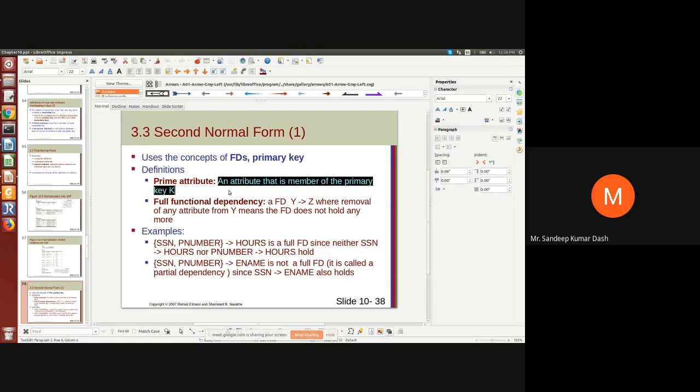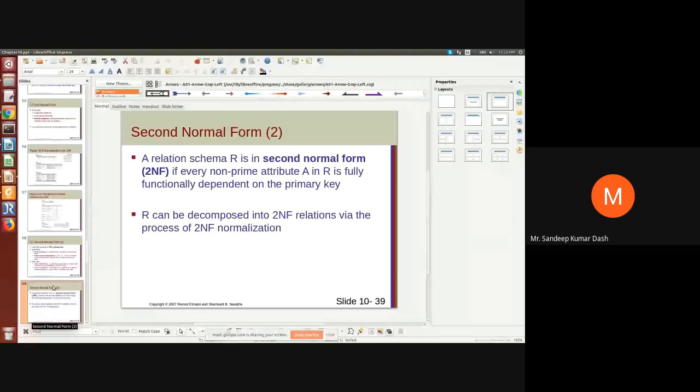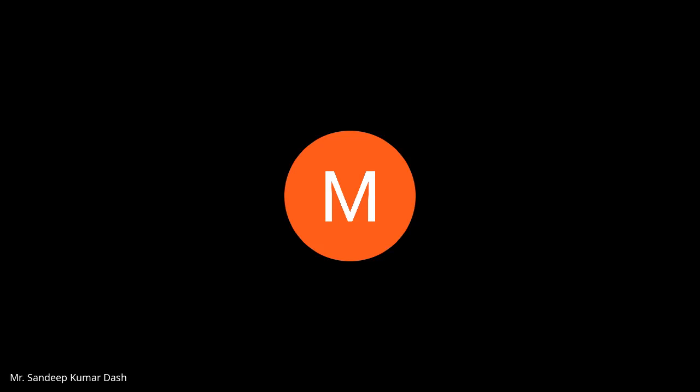A prime attribute can be a part of a candidate key or a super key or a primary key or any key. Okay. So functional dependencies.